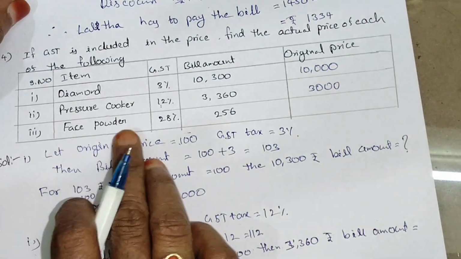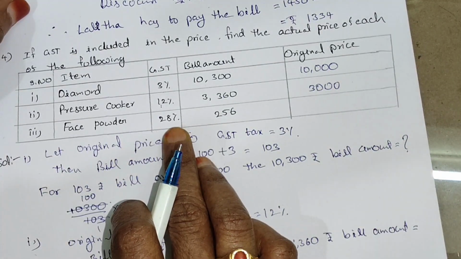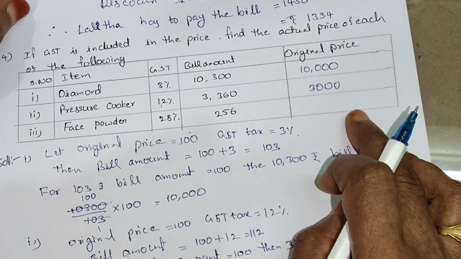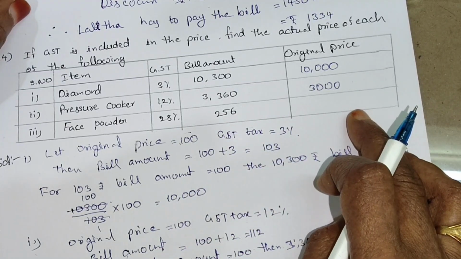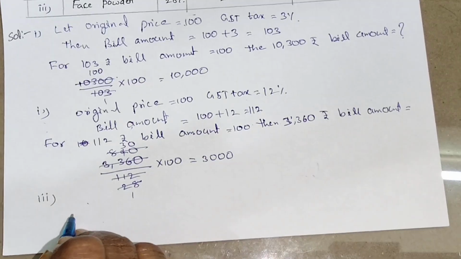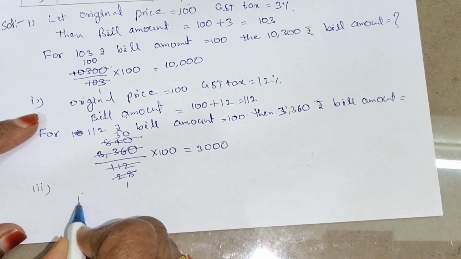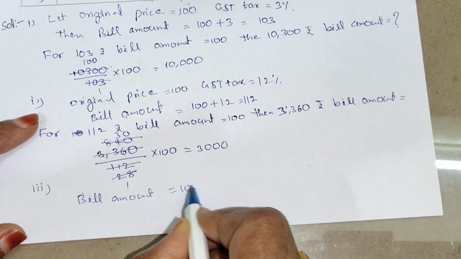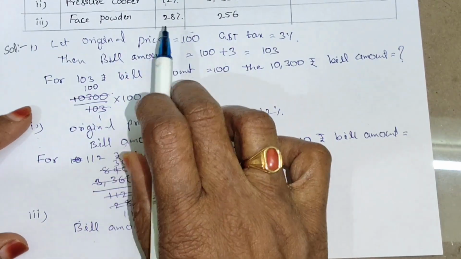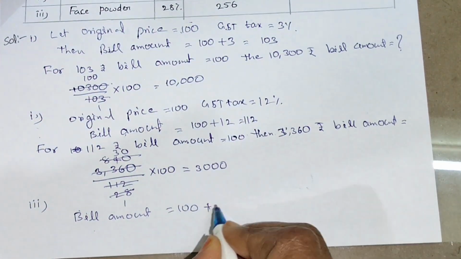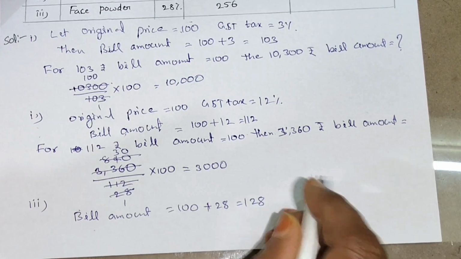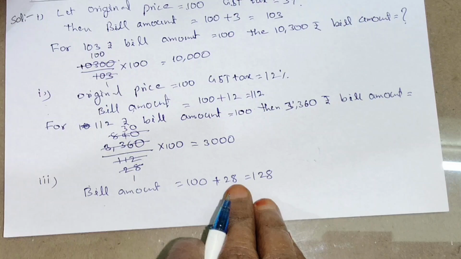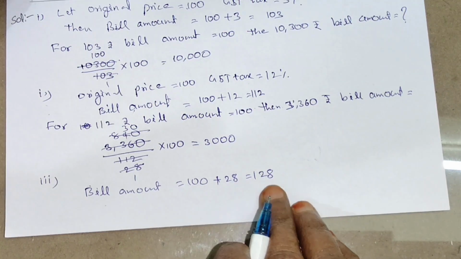Third one, face powder. GST is 28%, bill amount is 256 rupees. By the same method, we find the original price. Bill amount is 100 plus 28, which is 128. For 100 rupees the bill amount is 128.